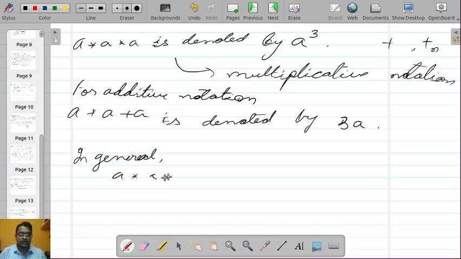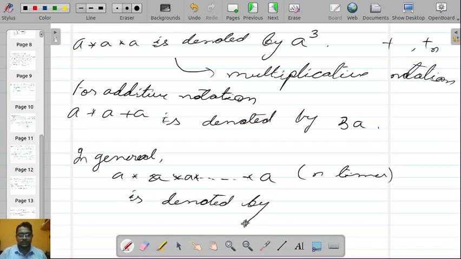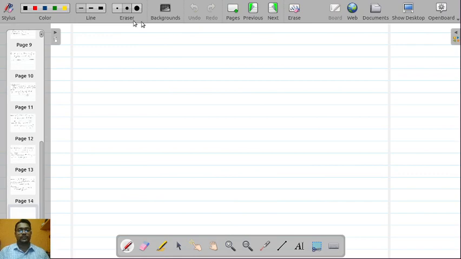In general, a * a * ... * a, n times, is denoted by a to the power n. Because of the associative property, it satisfies the laws of indices, a to the power m plus n equals a^m * a^n.